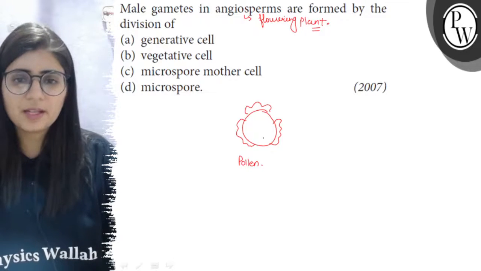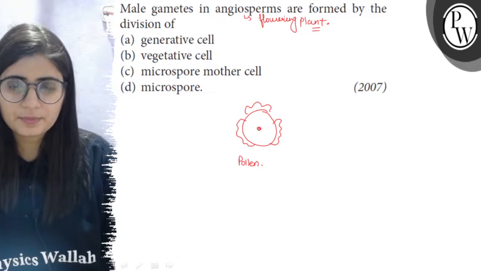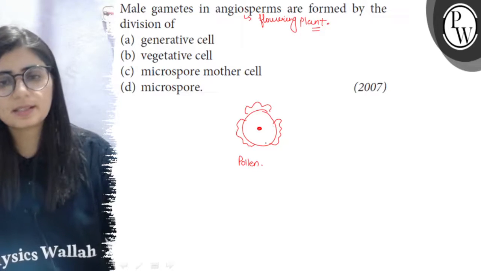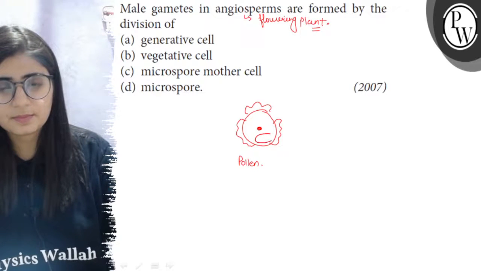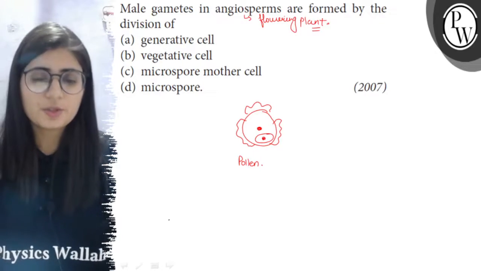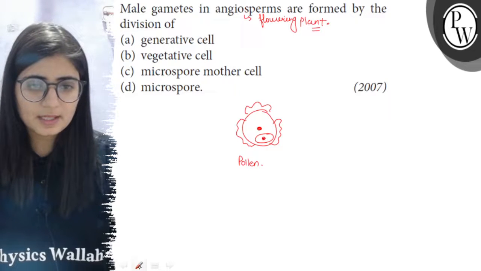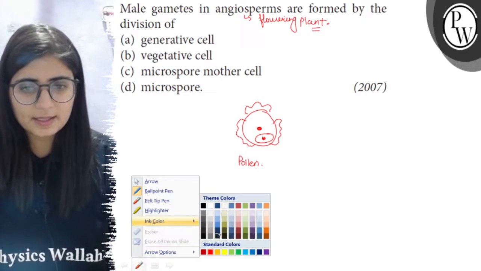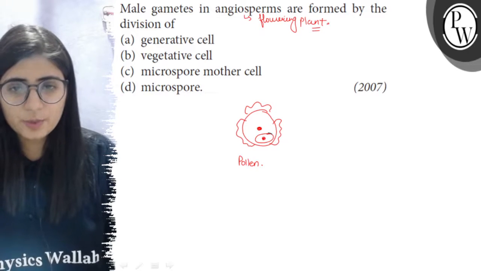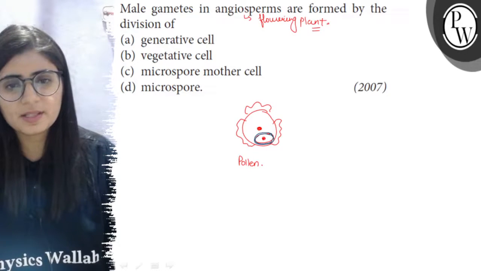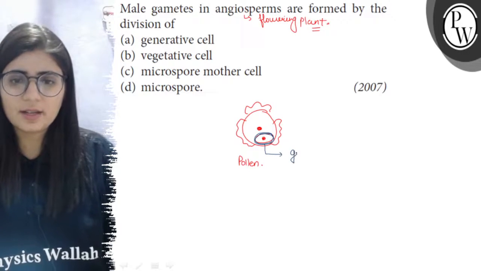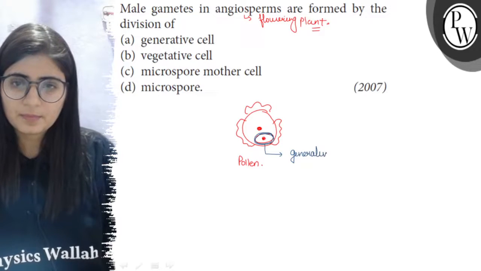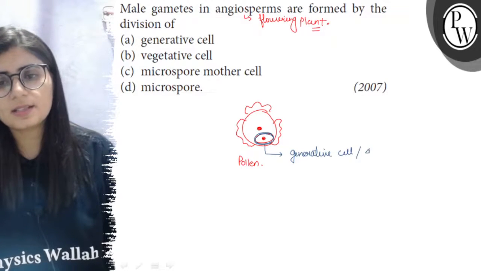Now when a pollen grain is formed, initially it has two cells. So we can see that this is a pollen grain at its two-celled stage. So this smaller cell is known as the generative cell, and this is also known as the germ cell.